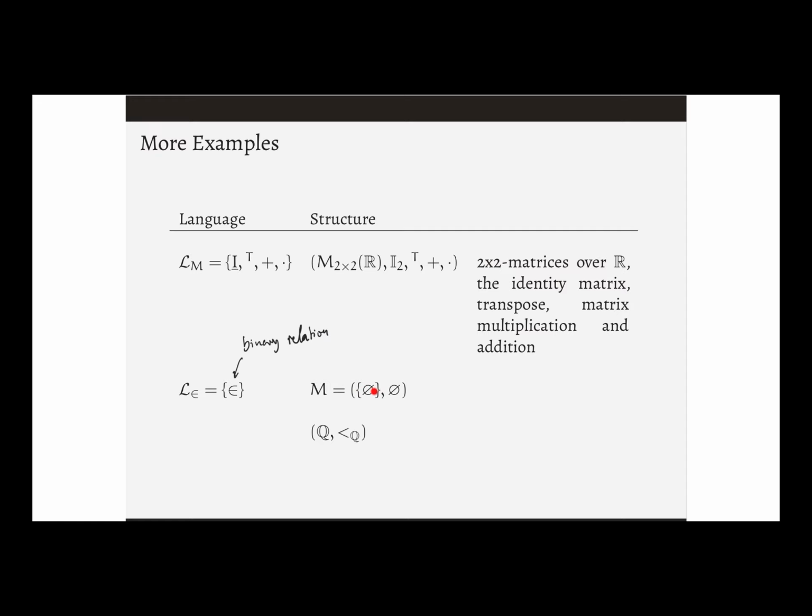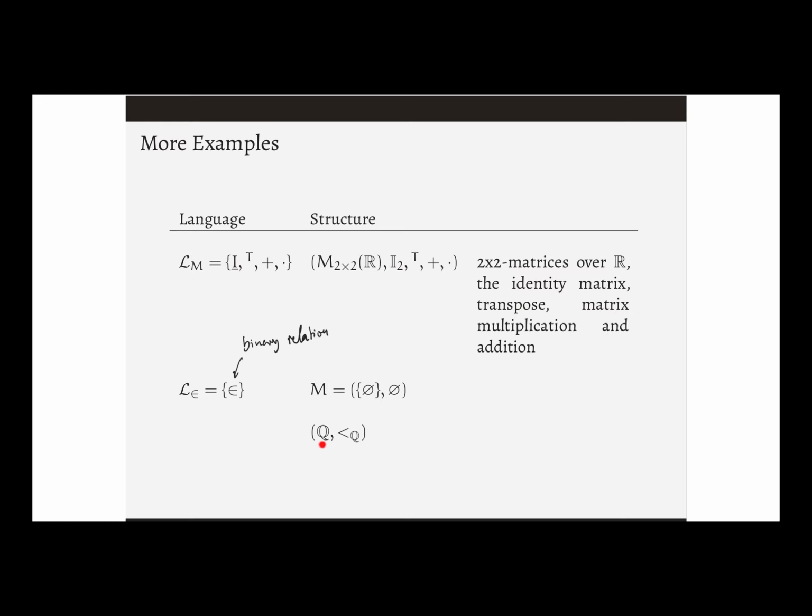So why not take the set that just contains the empty set? That's not an empty set, it has one element, the empty set. Then we need to give an interpretation of the relation symbol. This can be any subset of the universe squared, so in this case, we can even choose it to be the empty set.